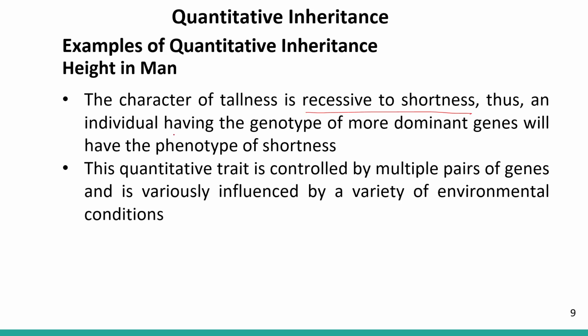Thus, an individual having the genotype of more dominant genes will have the phenotype of shortness. So if the gene is more dominant, then the height will be of short type. And if the gene is of more recessive type, then the man will be tall. That's showing the tallness character. Okay, so this quantitative trait is controlled by multiple pairs of genes, and it is fairly influenced by a variety of environmental factors also.